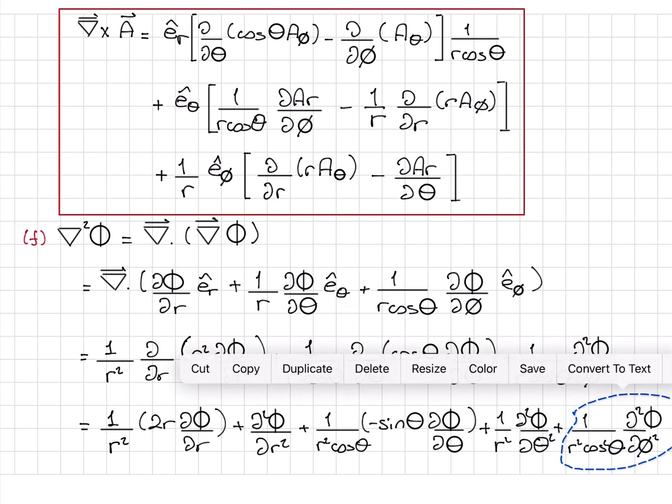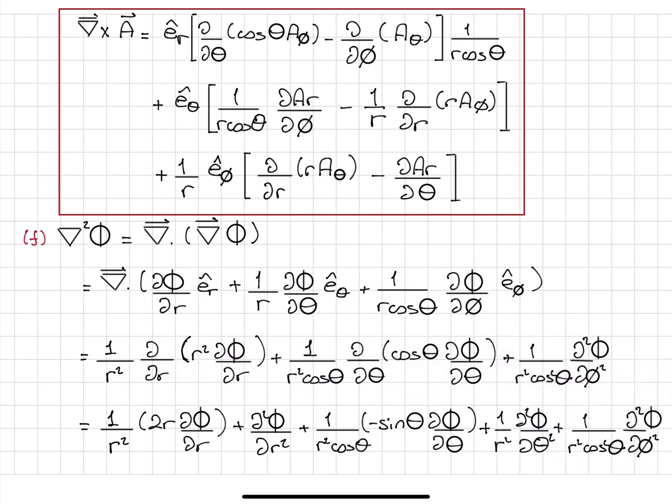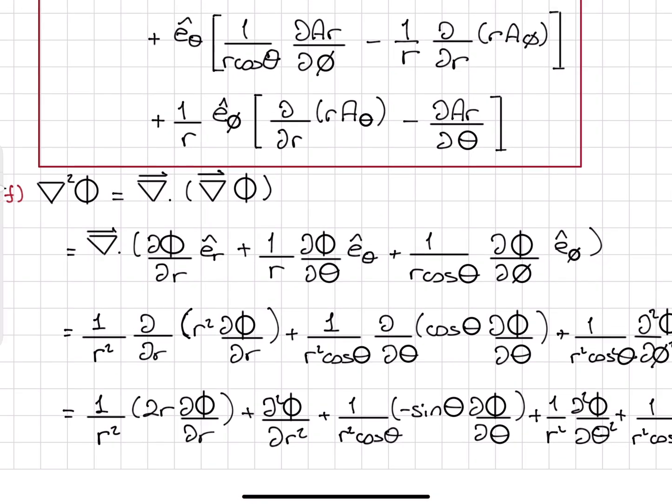Okay. Now you can see that one of the r's is canceling for this first term. So I can just do that here. This will become 2 over r del phi del r.